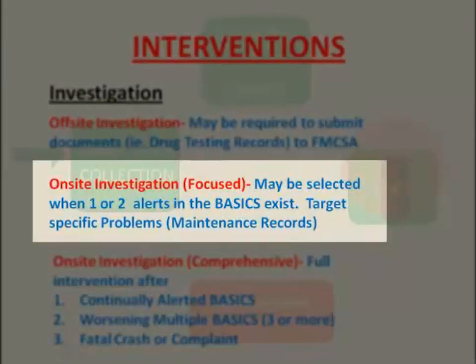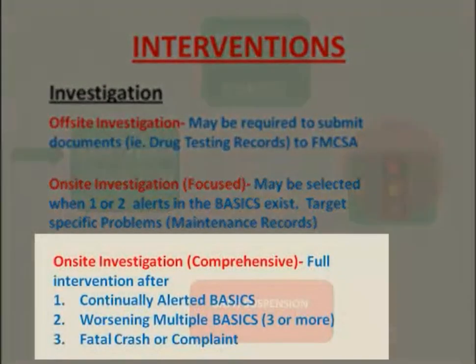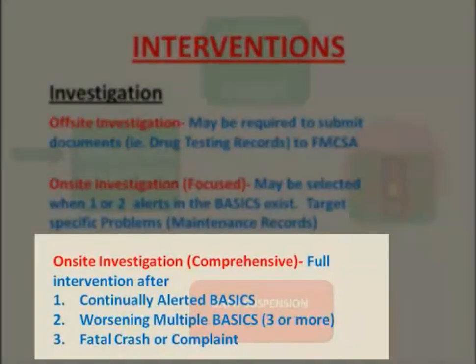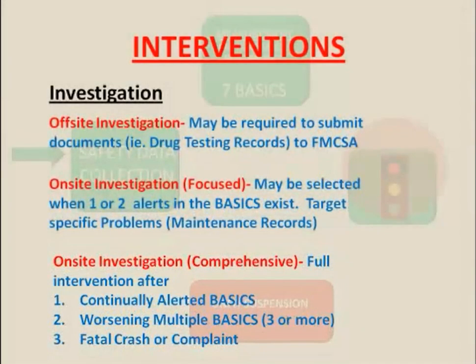This may be selected when 1 or 2 alerts in the basics exist. The last investigation is comprehensive on-site. Your company may garner this full-fledged intervention after continually alerted basics, worsening basics in 3 or more areas, or if the company has a fatal crash or complaints.